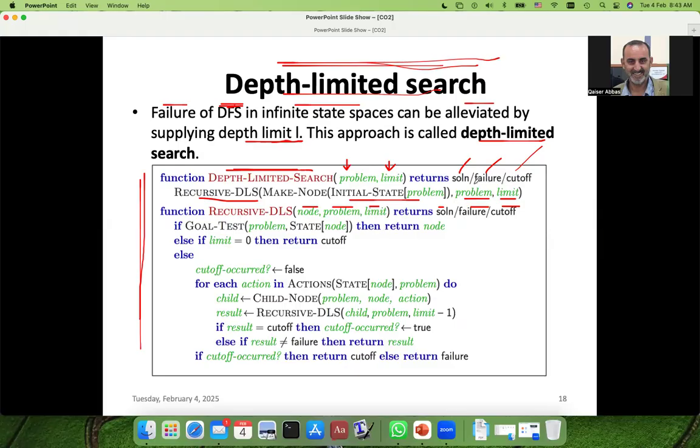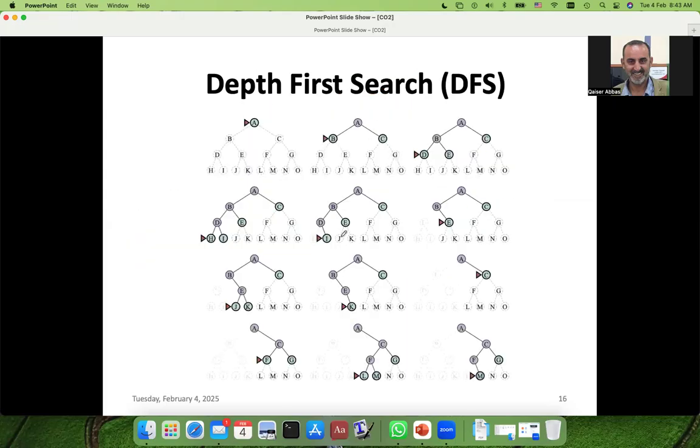Suppose our limit is 2, and the problem is the same, this tree. We want to reach this M. The goal is M. We will start from A.